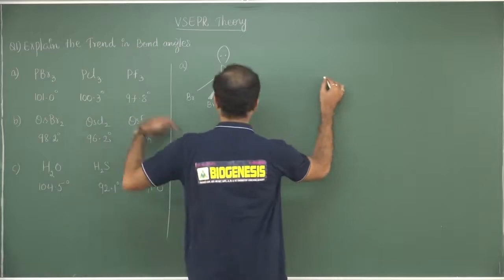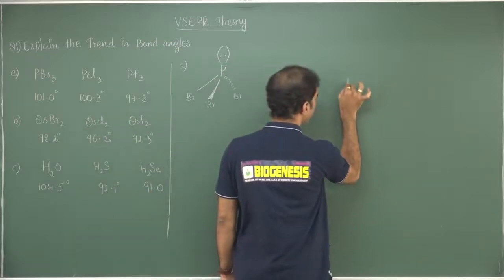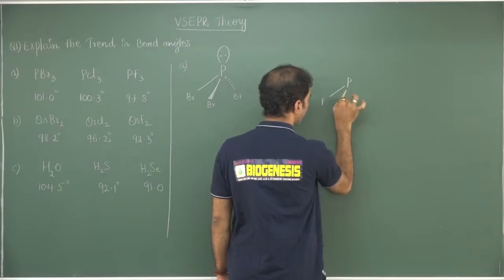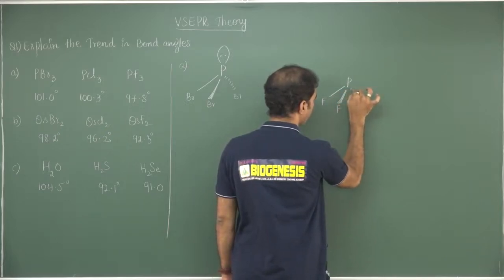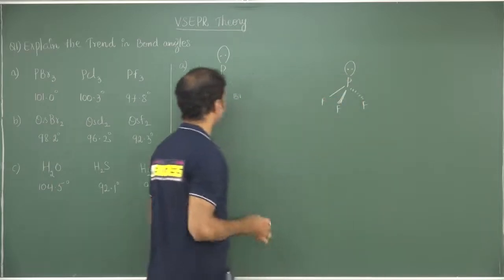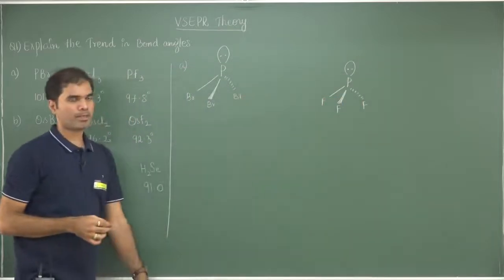Later I will be choosing the extreme, PF3. Chlorine is anyway within the middle.